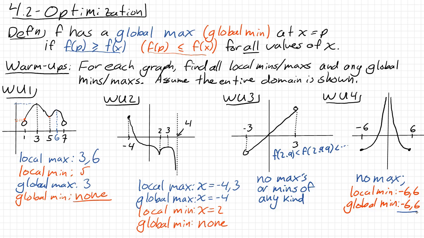Is if your function represents how much money you make, or maybe it represents how cheap it is for you to make something, or maybe it represents the efficiency of a car. You want to make that result come out the best, and maybe you can adjust what the y coordinate would be.